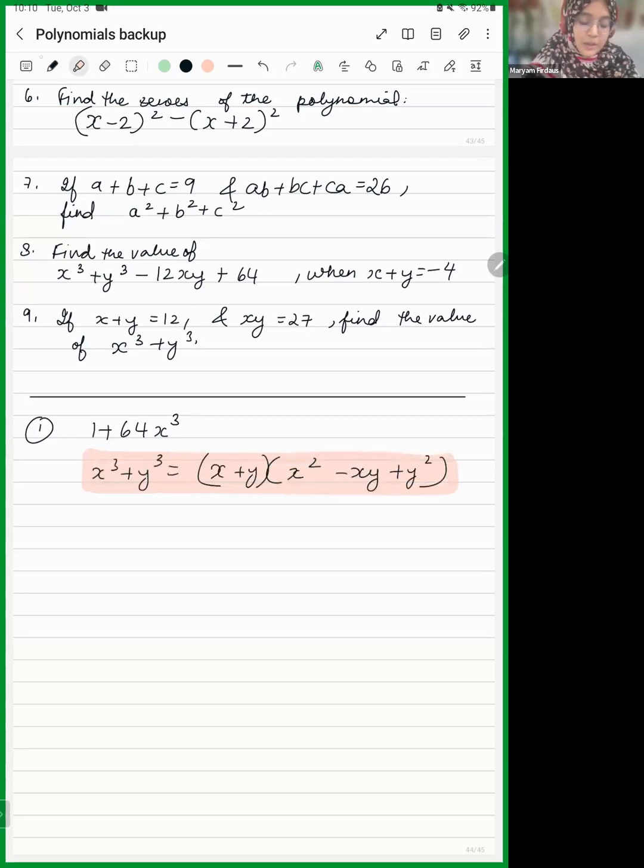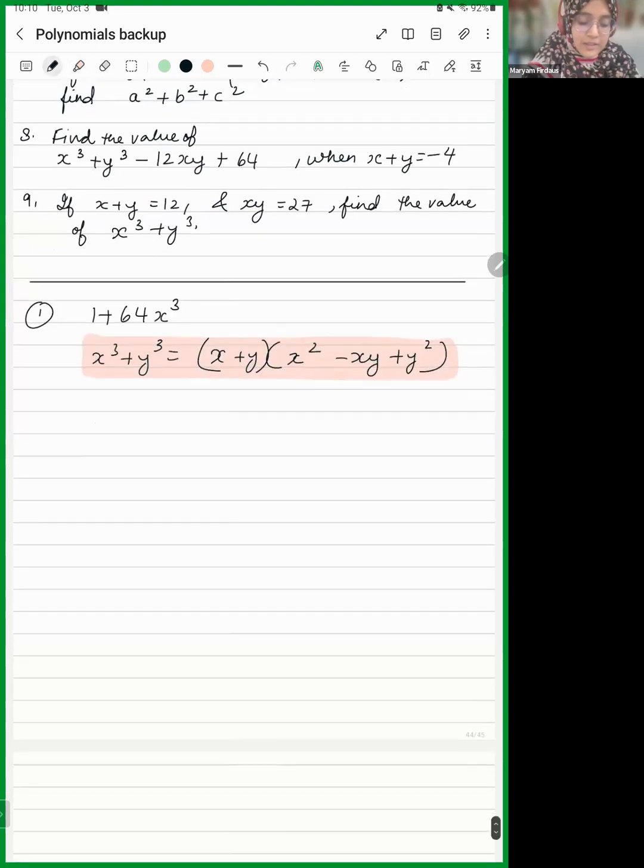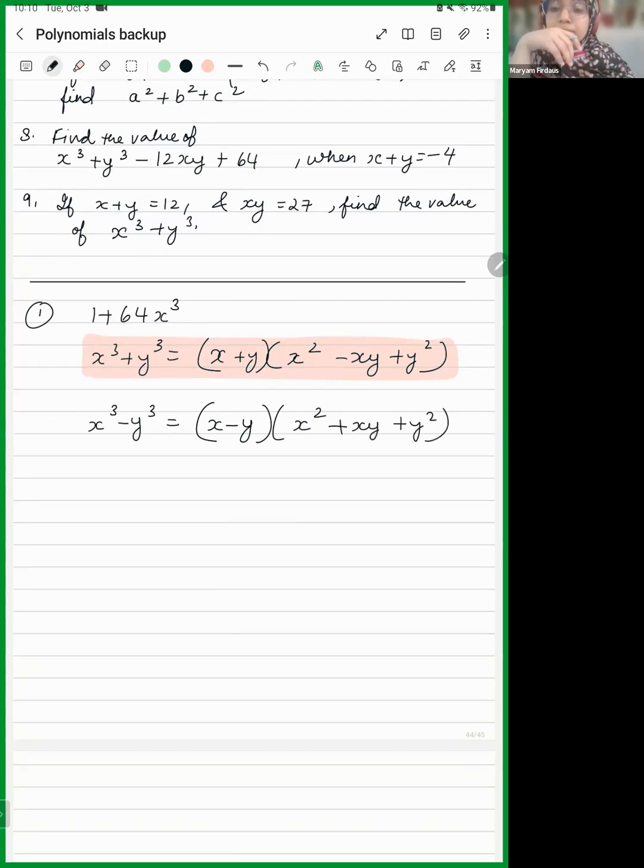This is x cube plus y cube. And if you have x cube minus y cube, then it becomes x minus y into x square plus xy plus y square. Is it clear, everyone? Yes, ma'am.